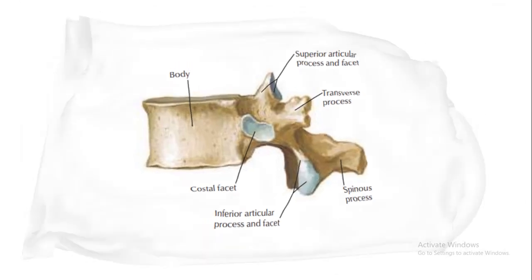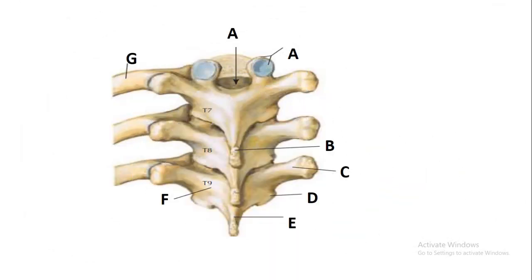Let me quickly look at the diagram, which is a little bit different. This diagram is showing T7, T8, and T9 attached together. But if you look at these bones, they look the same.